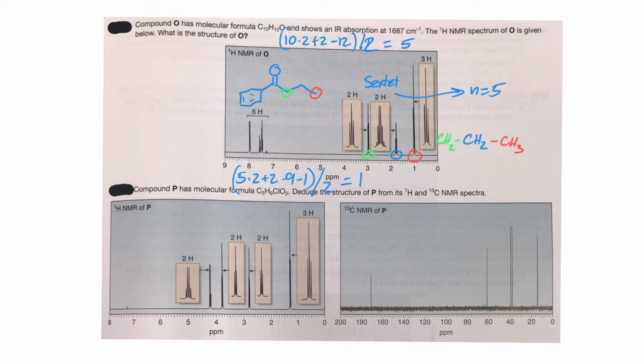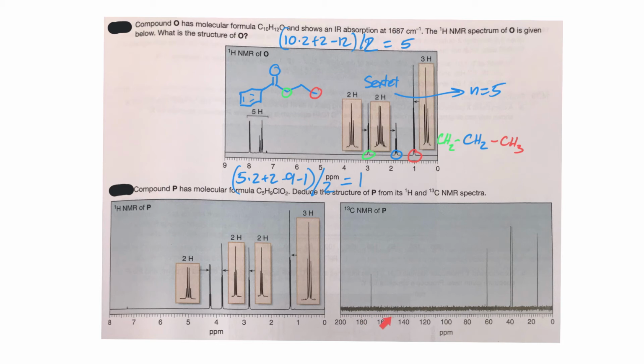We are not given any IR data, but we are given the carbon-13 NMR of compound P, and we see that it has 5 distinct carbons. That means that all 5 of these carbons are different. There is no symmetry in this molecule. We can also deduce the presence of a carbonyl because this carbon signal at 170 is in the carbonyl region.